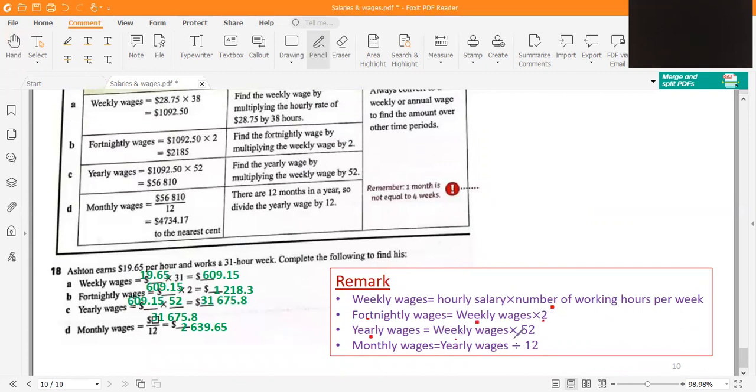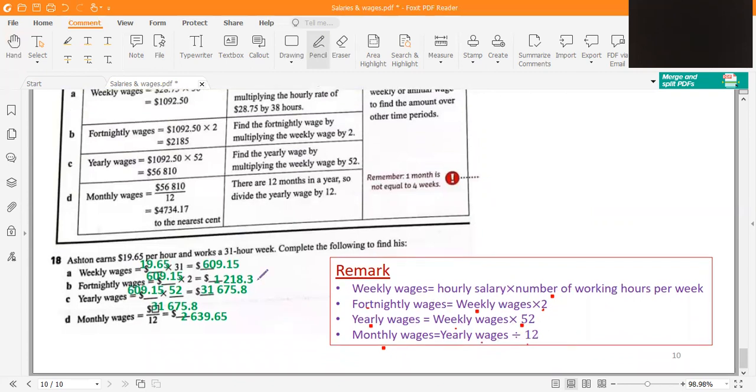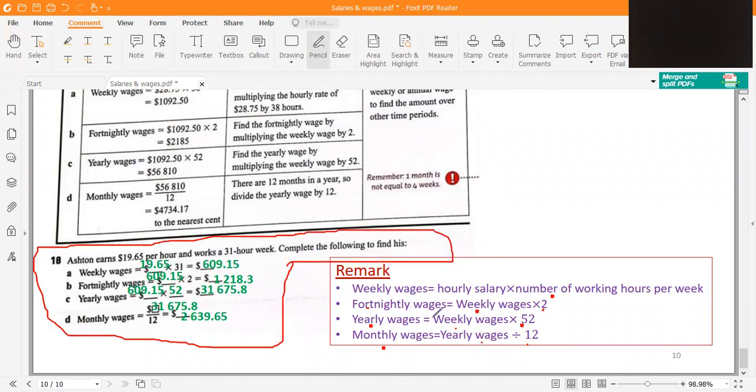Yearly wages are weekly wages times 52, because in a year we have 52 weeks. And monthly wages equal yearly wages divided by 12. We have exercise 18 as a numerical application of these rules, and we can use the calculator to obtain the final result.